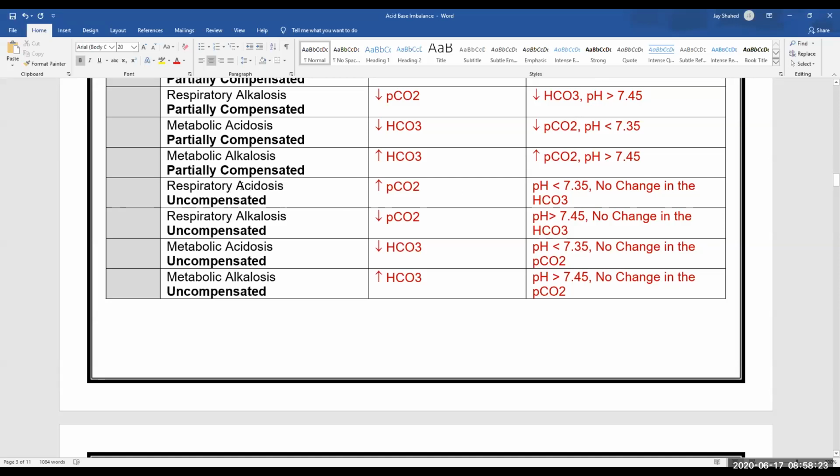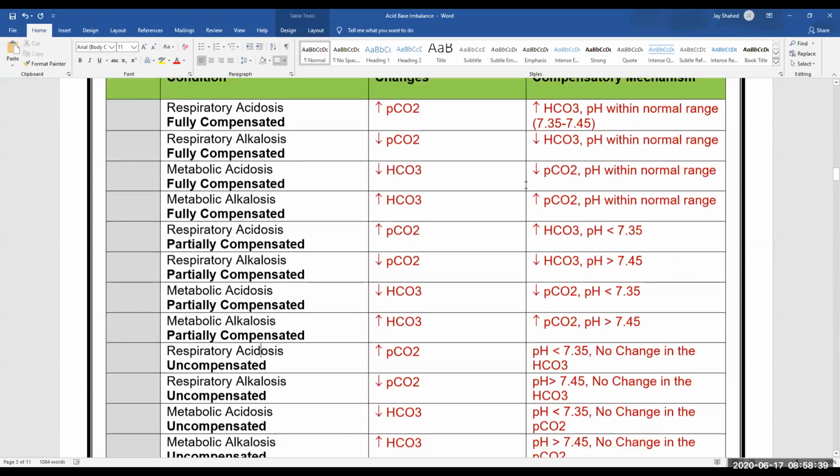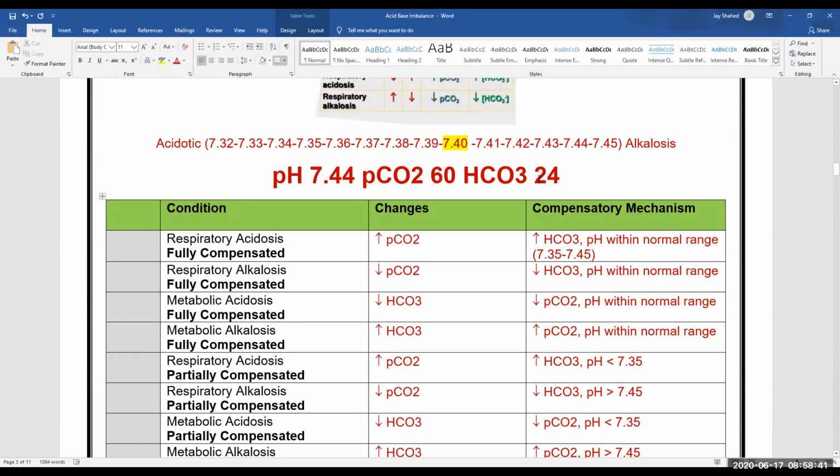All right. What does uncompensated mean? The other one isn't changing to try to bring it down, like PCO2 isn't changing to bring HCO3 down or anything. Right. So if this goes up, it's respiratory. Now, if there's no change in here, then it's uncompensated, because this one is within normal range.